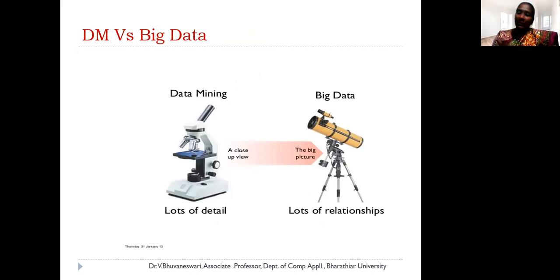And this is where we use other technologies such as machine learning for processing huge volumes of data, the big data. So now I think we are very clear with the terminologies and how they are connected with respect to the area we are discussing.